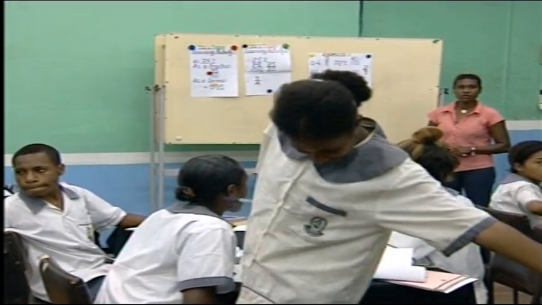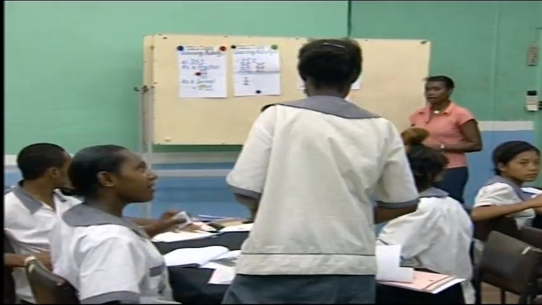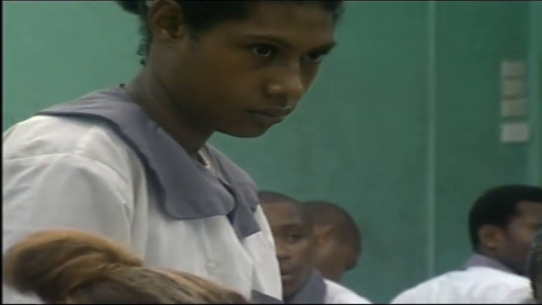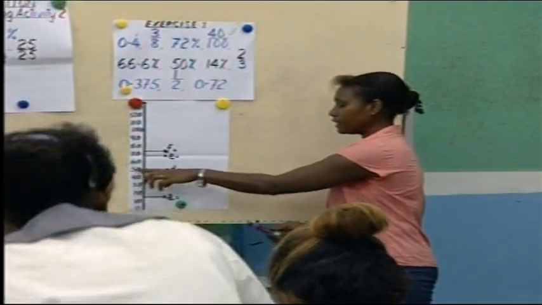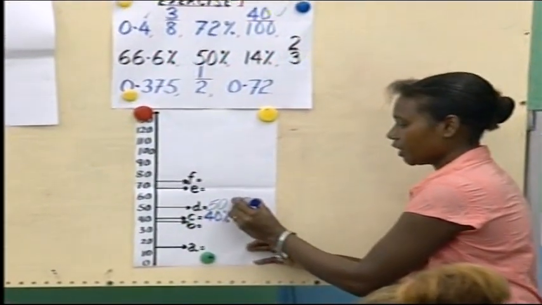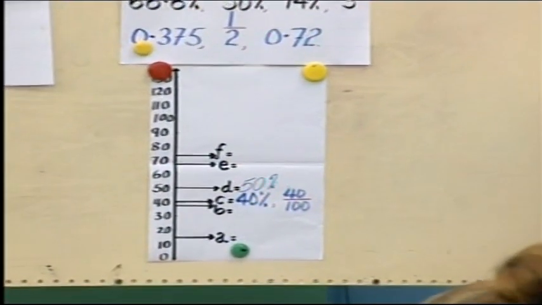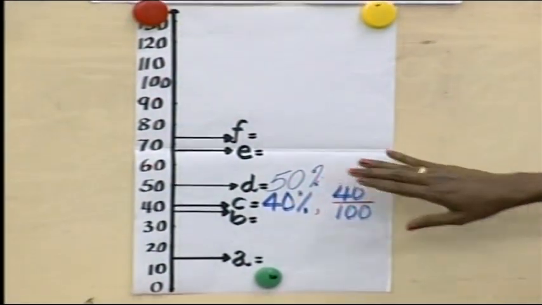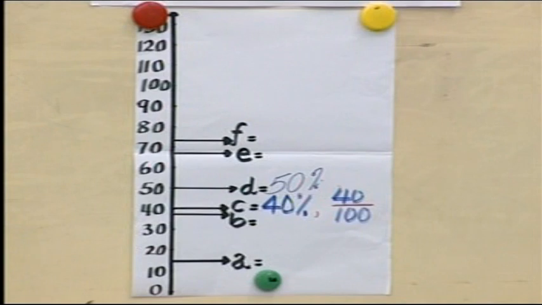What are the numbers that you have worked out that will come next to letter D? 50%. 50%, is it correct? Yes, this is where D is coming out from, 50. Okay, she has given it as in percentage. Any more other numbers from the chart that will go to where 50% is?